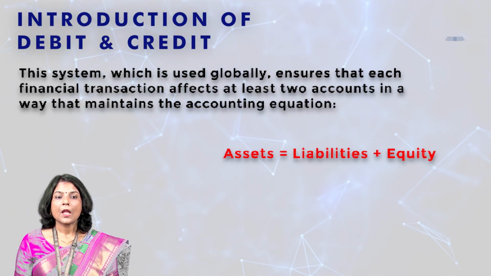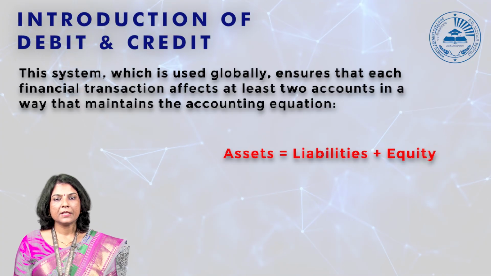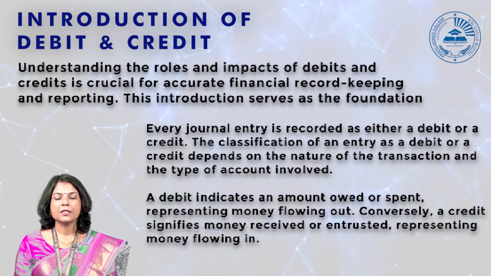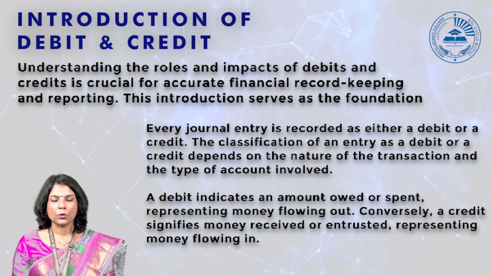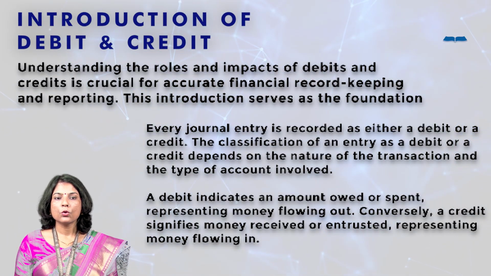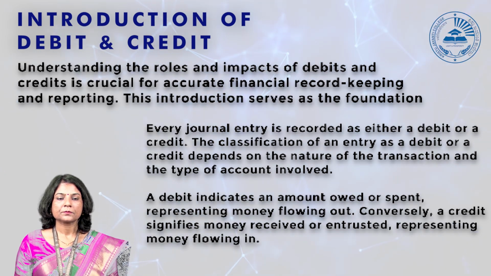Understanding the roles and impacts of debit and credit is crucial for accurate financial record keeping and reporting. This introduction serves as the foundation for more complex accounting concepts and practices.